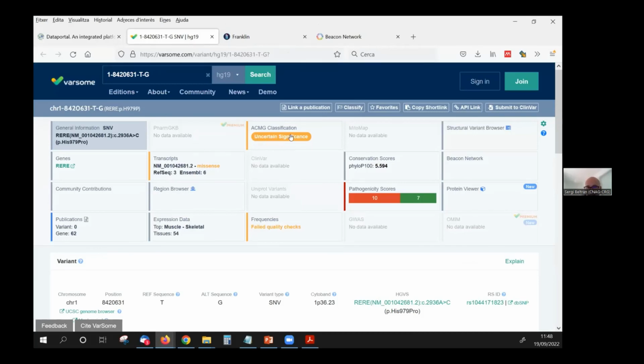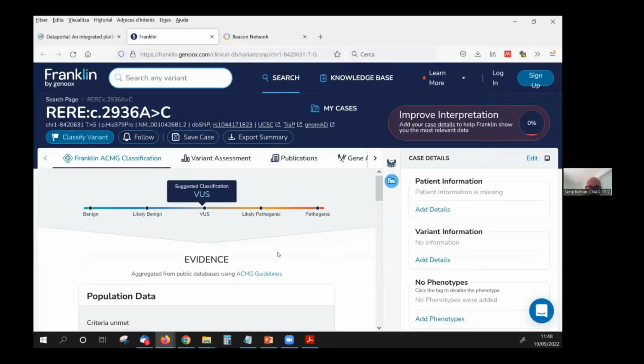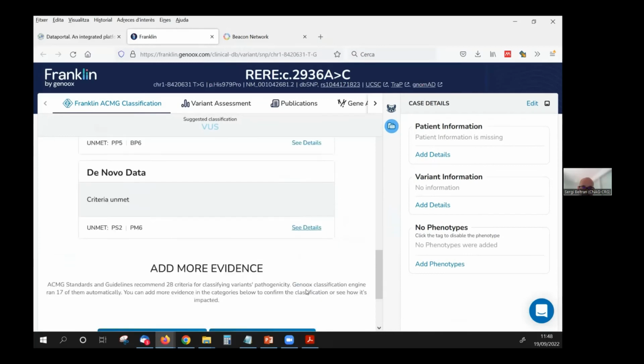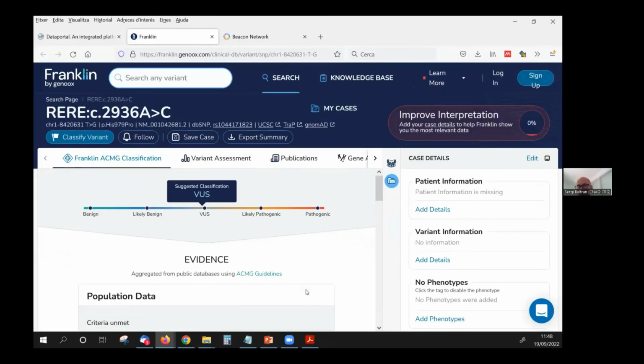In this case, the classification that we would get is uncertain significance, so it is difficult to know if it is causing the disease or not. We could look at other systems such as Franklin, which has a similar approach. Again, here they classify this as a variant of unknown significance. So again, we are not able to confirm that this is a likely pathogenic or pathogenic variant and then close the case.